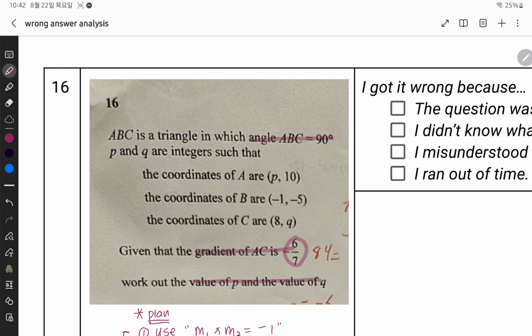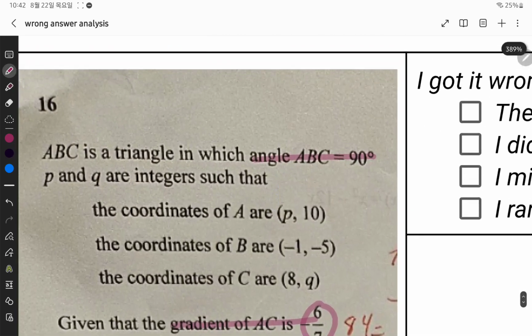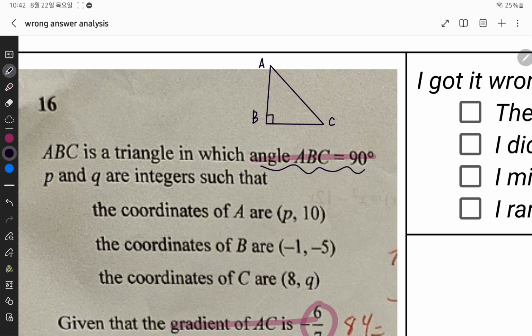So, first thing we need to understand is that when we actually draw out the triangle ABC, it's going to be a right triangle, with angle ABC being 90 degrees, right?